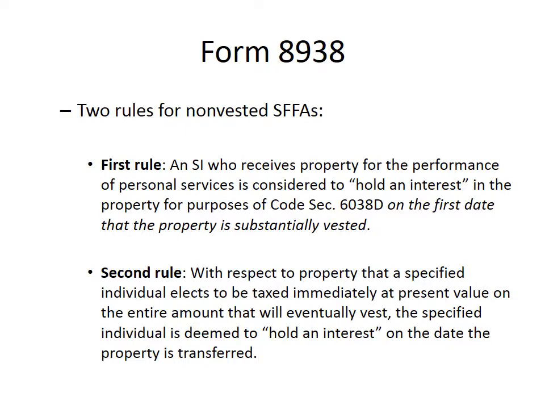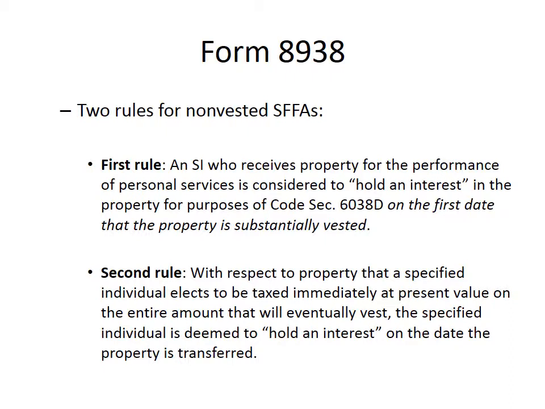Rule number two, with respect to property that a specified individual elects to be taxed immediately at present value on the entire amount that will eventually vest, the specified individual is deemed to hold an interest on the date the property is transferred.